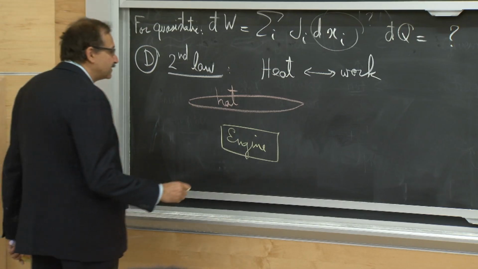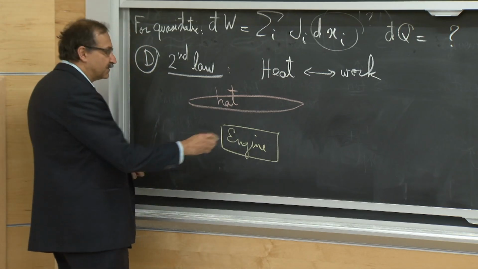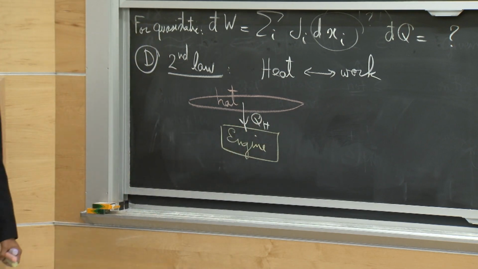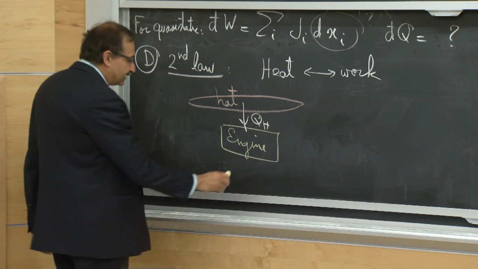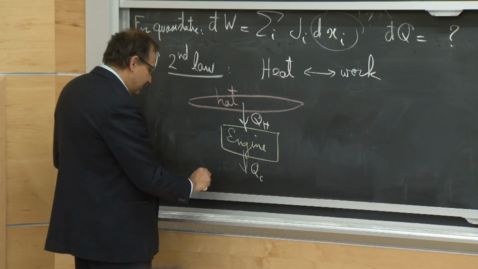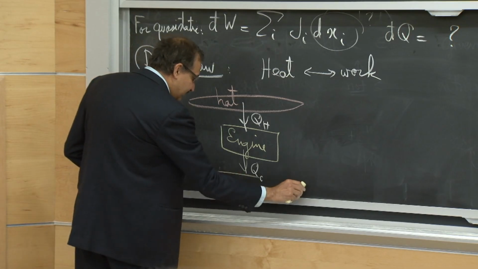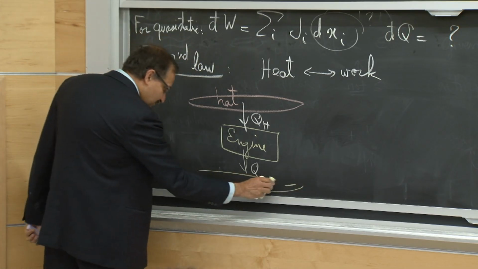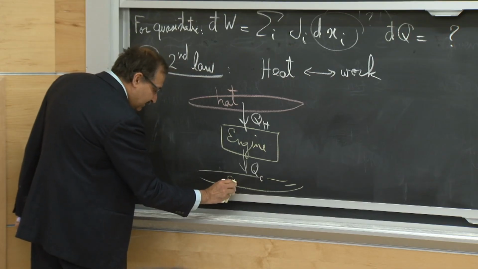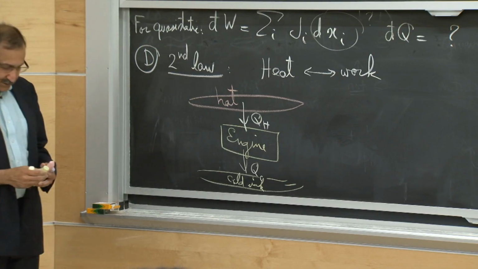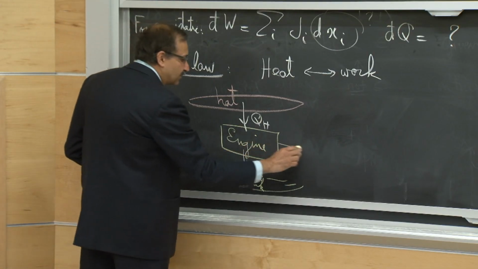And during this process, you extract a certain amount of heat from your fire. And then typically you realize that you will be releasing a certain amount of energy back to the atmosphere, causing pollution. So there is a cold sink. But in the process, you will be extracting a certain amount of work.